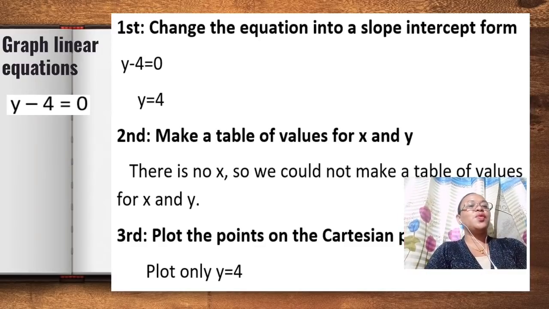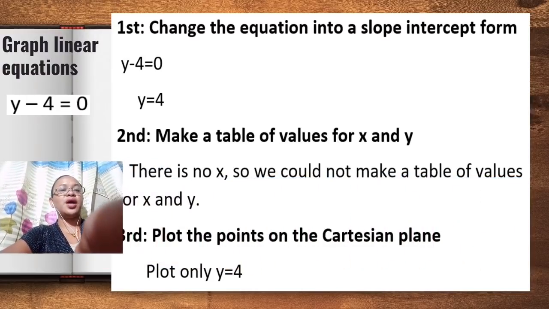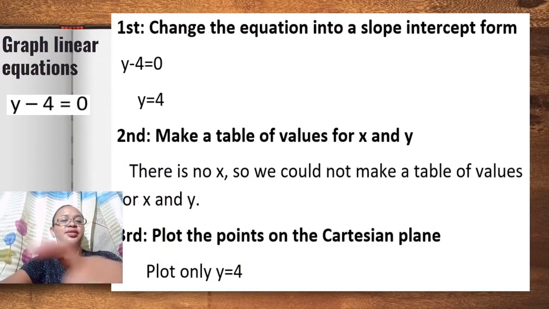And so, we could not make a table of values because there is only y. There is no x. And so, we plot the point y equals 4 on the Cartesian plane. We will only plot y equals 4 on the Cartesian plane. There is no x, there's only y.